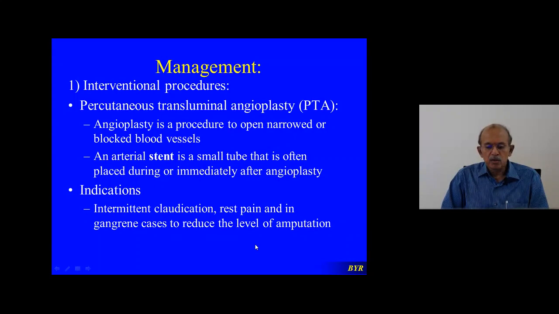He has only great toe gangrene. You amputate the great toe, is it not? Am I right? Is it okay to do amputation of the great toe? Is it okay or not?